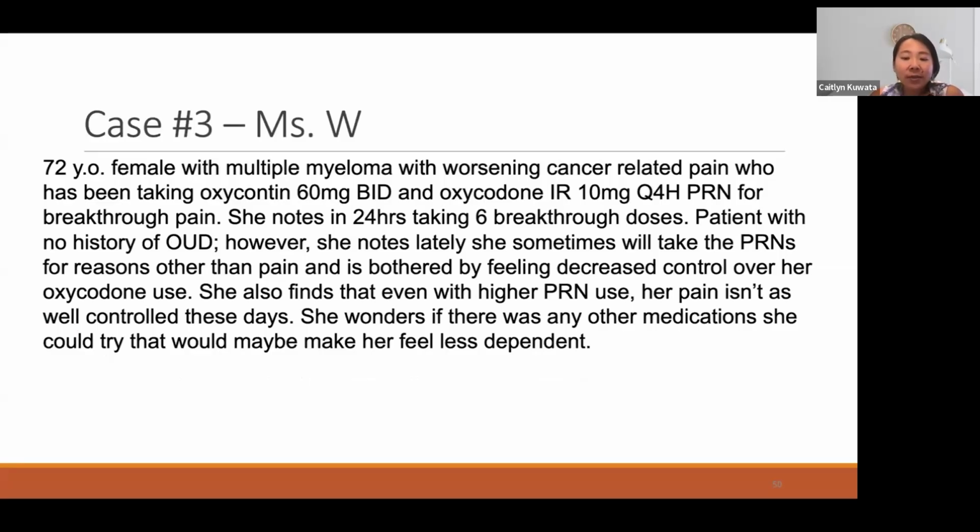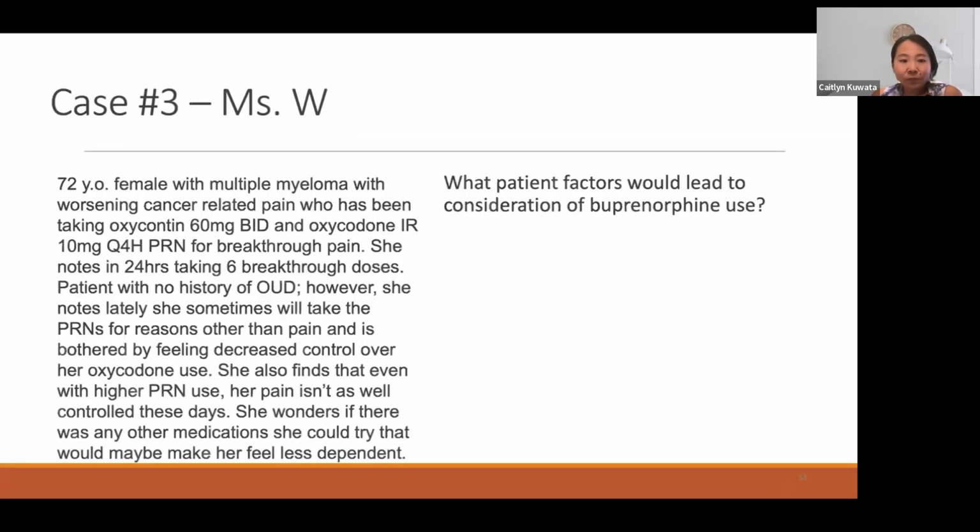However, she notes lately she sometimes will take the PRNs for reasons other than pain and is bothered by feeling decreased control over her oxycodone use. She also finds that even with higher PRN use, her pain isn't as well controlled these days. She wonders if there were any other medications she could try that would maybe make her feel less dependent.